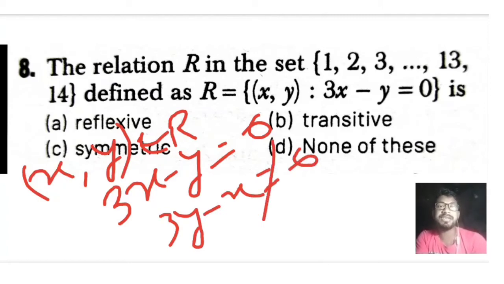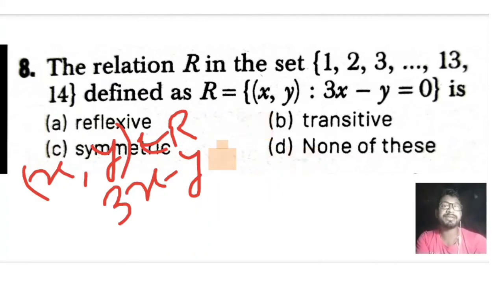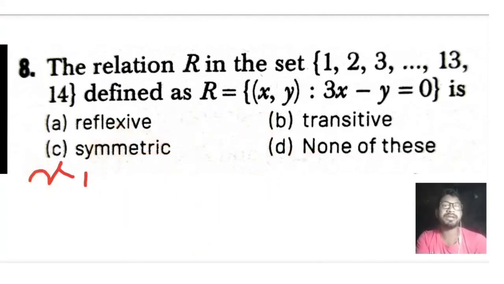So this relation is not symmetric. So only transitive left. Now we have to check transitive. So already reflexive and symmetric cut out.